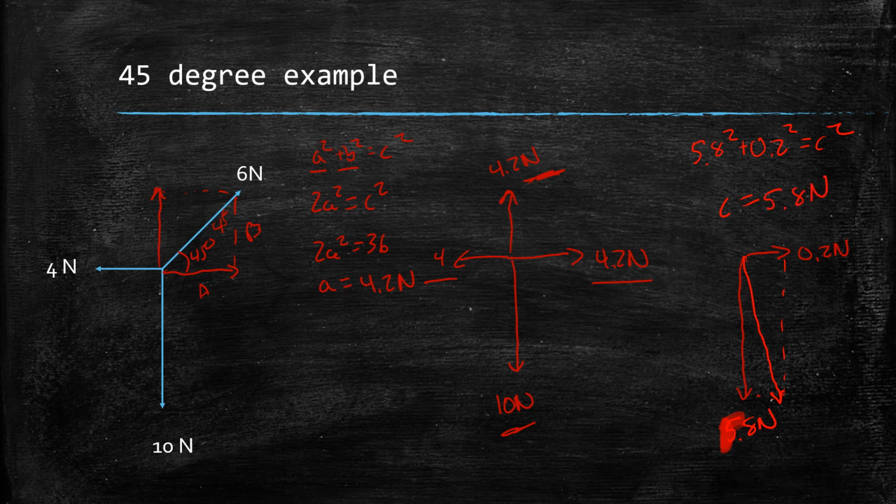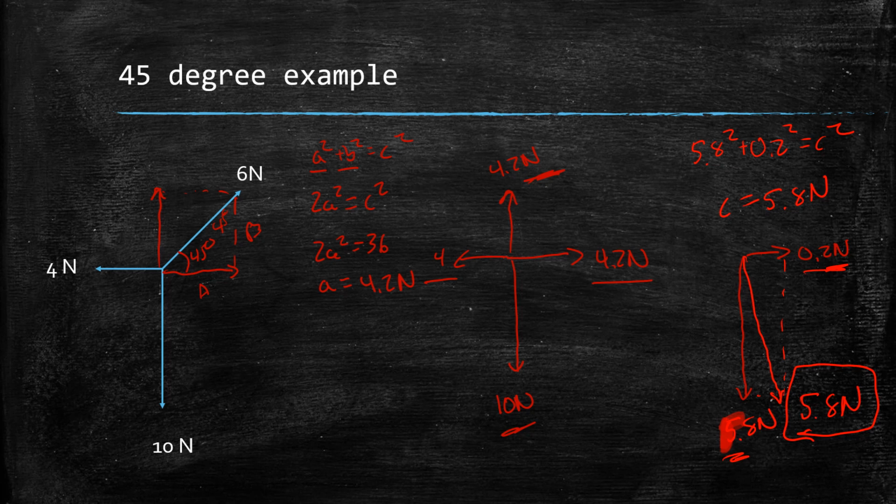It's basically the same as this one because this number is so small, but the end result is it's not going to be perfectly vertical. It'll be shifted a little bit to the right. So the net force acting on this object is 5.8 Newtons down to the right.